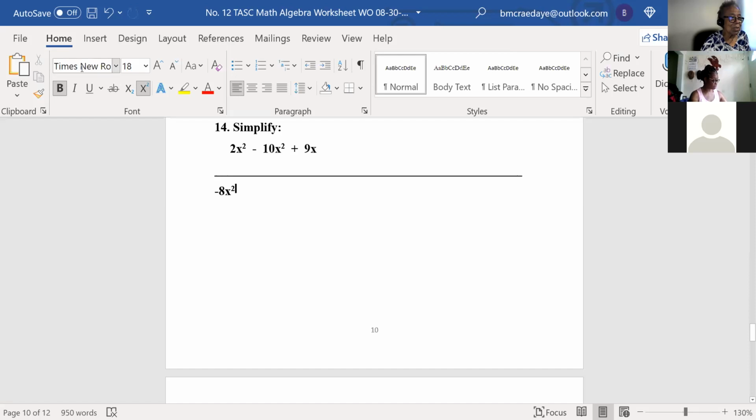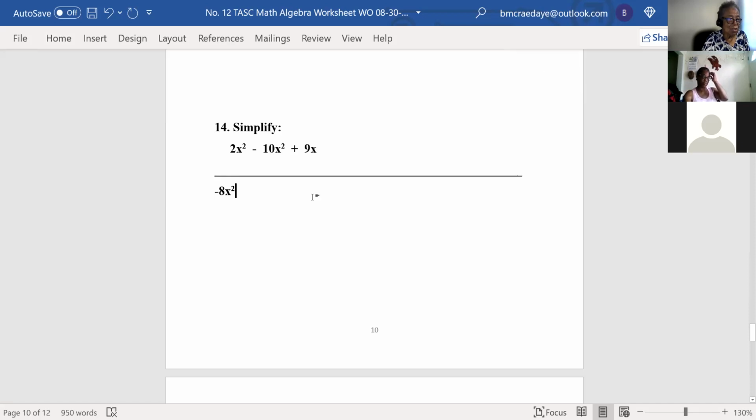So it'll be minus 8x squared, and you only had x appear in one place, right? So that would just be plus 9x. That's the answer. Combine the like terms, and you only had the x squares as like terms.